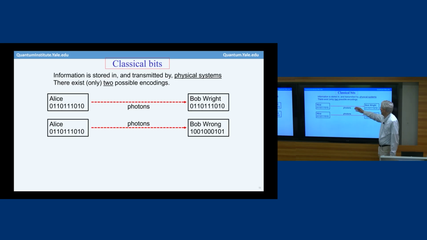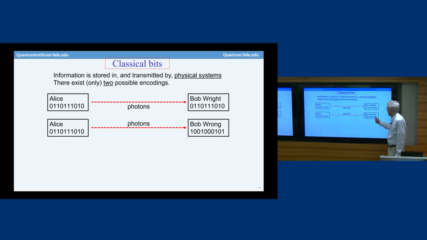And maybe if none of the photons are lost or his detector fails to detect them or something, he will receive the correct bits. If Bob didn't get the memo about what Alice's convention was, he will get exactly the opposite set of bits, but no information is actually lost.